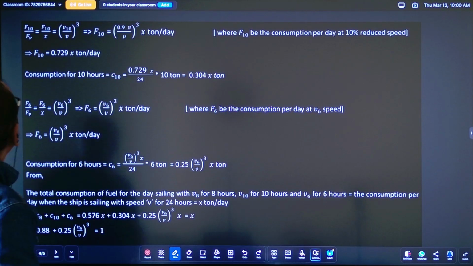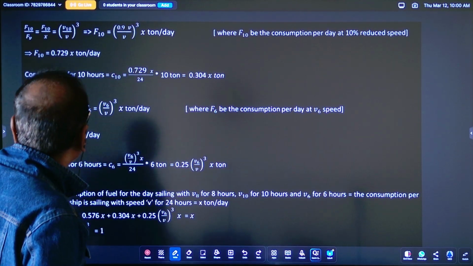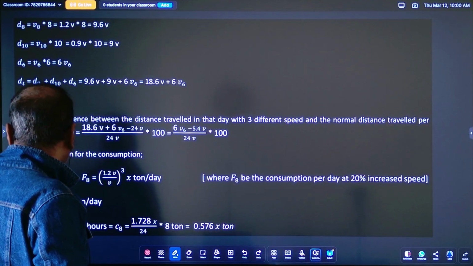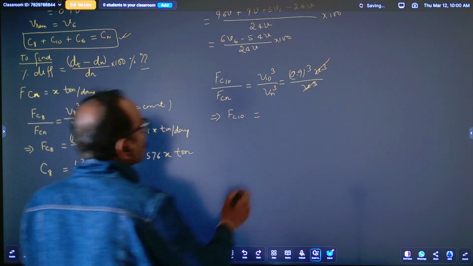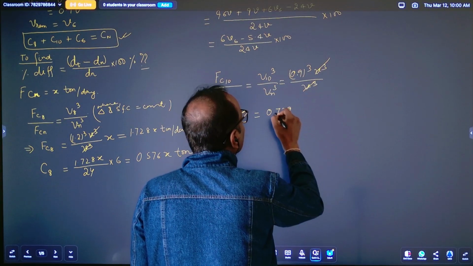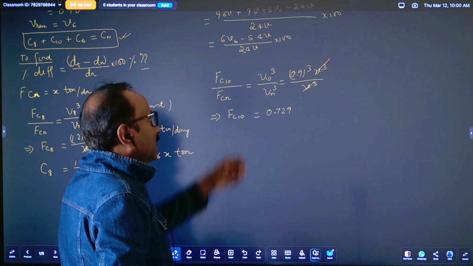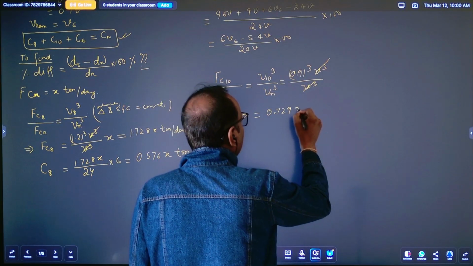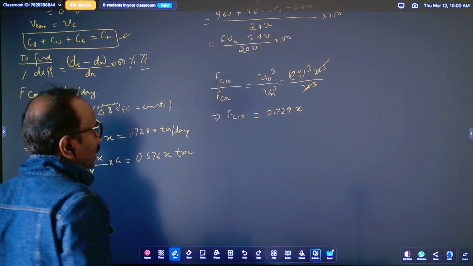FC10 is 0.729x. 0.729 into FCN, normal consumption per day, which is X10 per day.